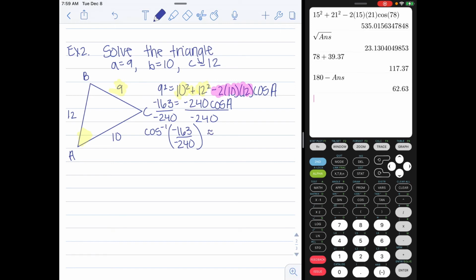So then once you plug that in, inverse cosine of negative 163 divided by negative 240, about 47 degrees, 22.22. Awesome. All right, so 47.22. Now we got to figure out angle B.